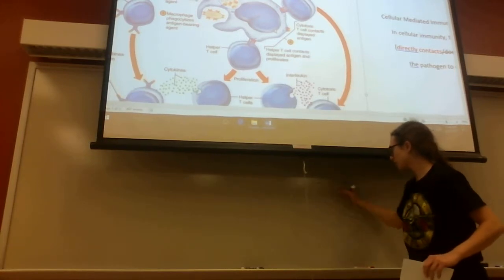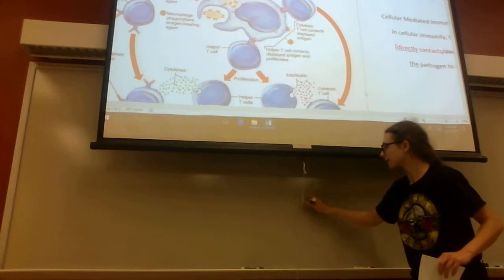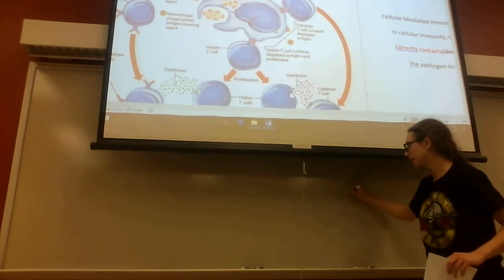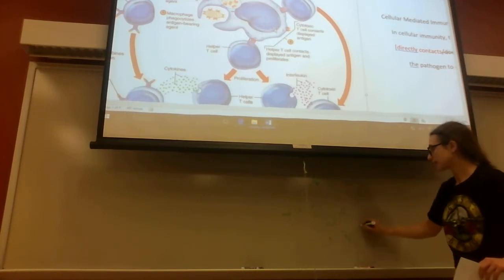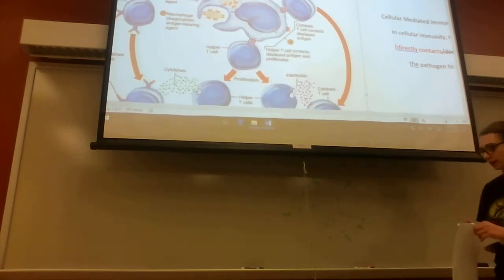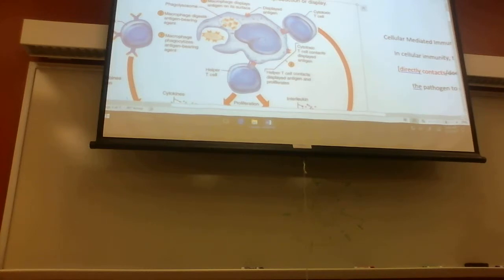The little ghost was dissolved and his fragments were spread. That's what's happening right there. And then the antigen-presenting cell is going to present the antigen that was on the surface of the pathogen. That's what that picture is showing. Next, for the first blank: a macrophage engulfs the pathogen, step 1.